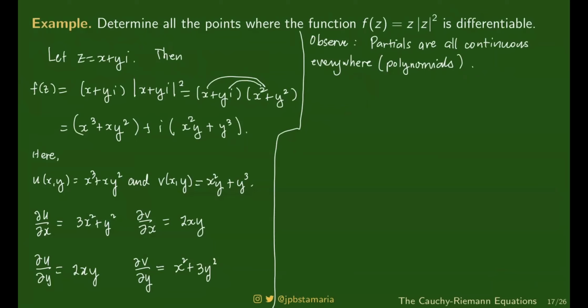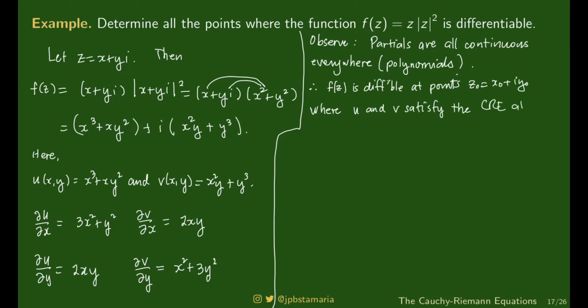No? So therefore, as a conclusion, f of z is differentiable at points z0 where u and v satisfy the Cauchy-Riemann equations at x naught y naught.